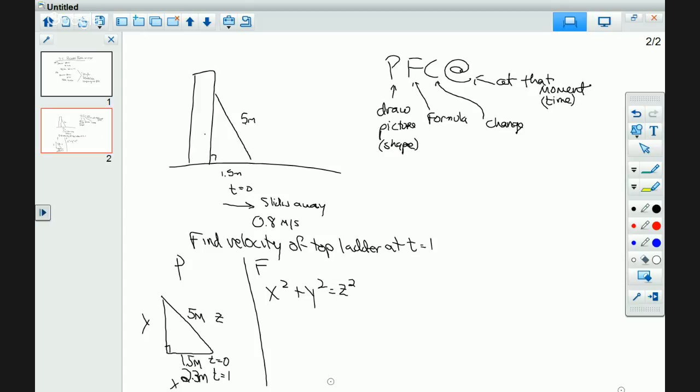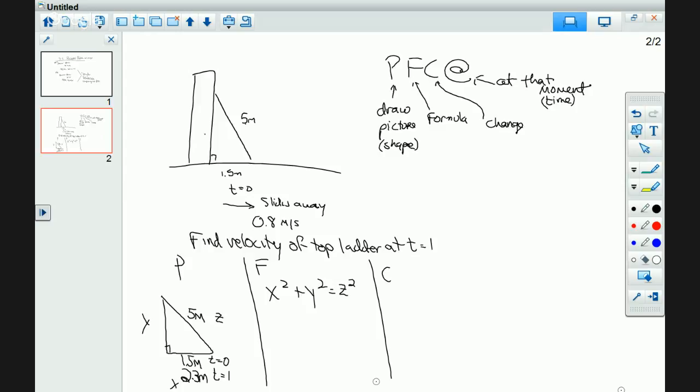Formula. Leave space here. We need it. What does it change? Taking rate of change here.